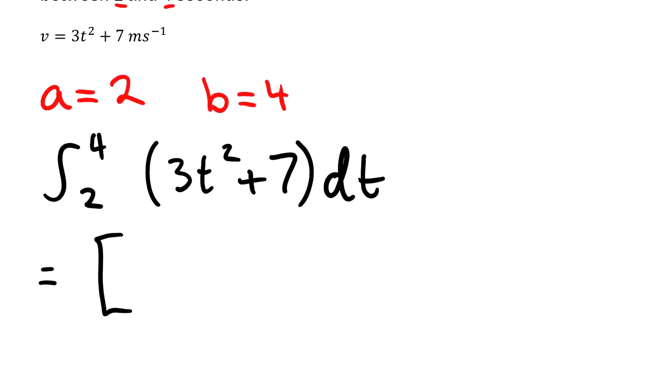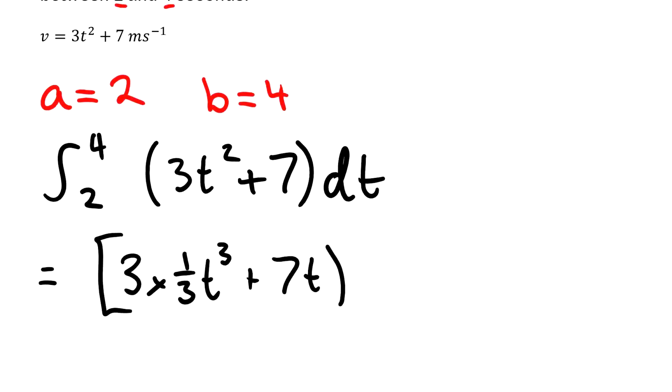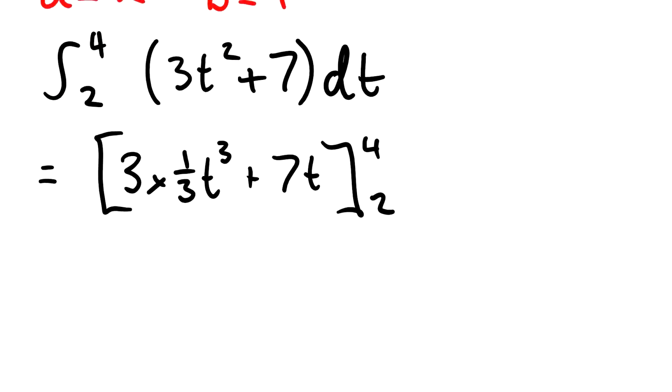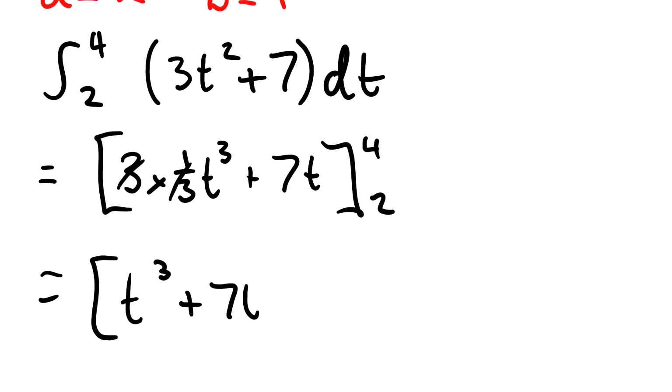Alright, now we do the same thing we've been doing this whole time. We find the antiderivative, so we get 3, because it's out the front it stays, plus 7t squared, and then 4, 2. We look at simplifying where we can. These essentially cancel out, so we're left with t to the power of 3 plus 7t, like that.